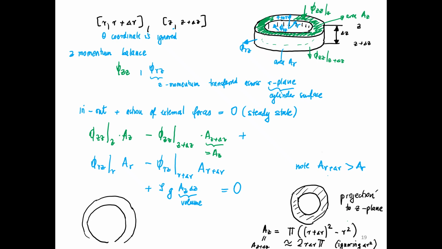So my A_R changes with R. So A_R is 2πR times delta Z, and my A_(R plus delta R) is 2π(R plus delta R) times delta Z.